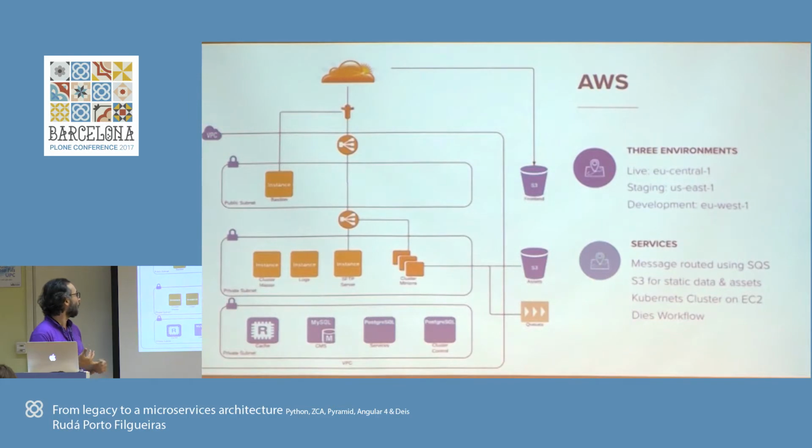And we use a lot of services from AWS, also RDS. We use Deis and also the security groups, everything that can help us to have the best security and at the same time the best performance.